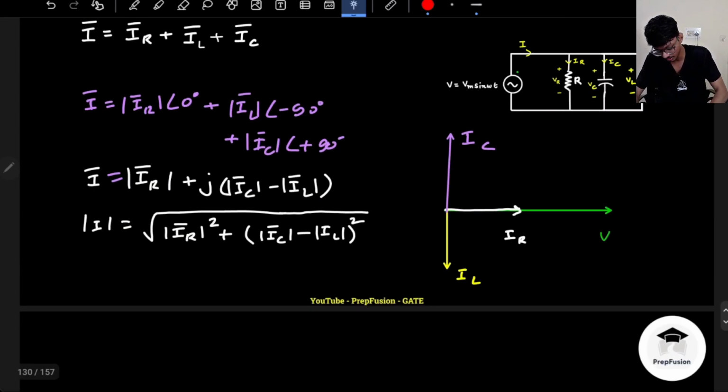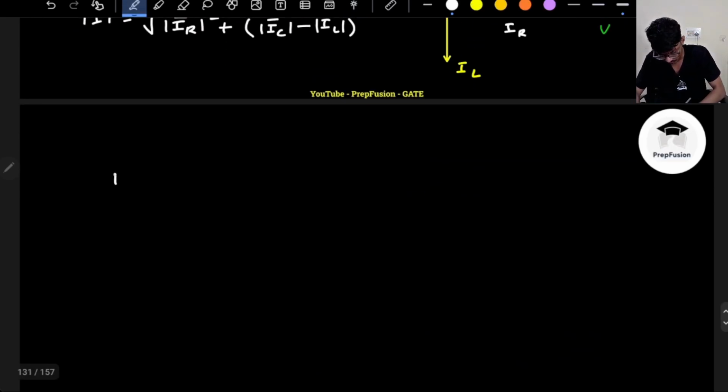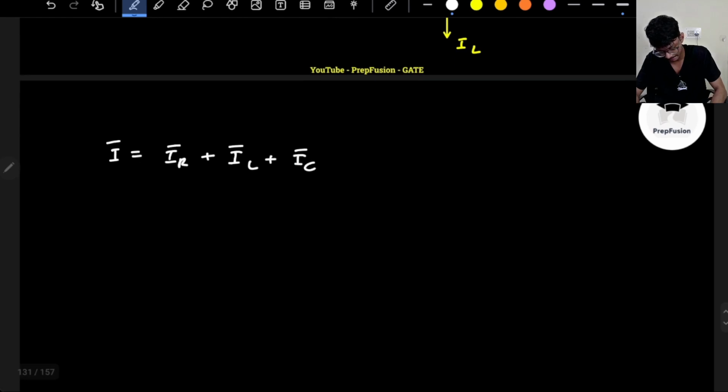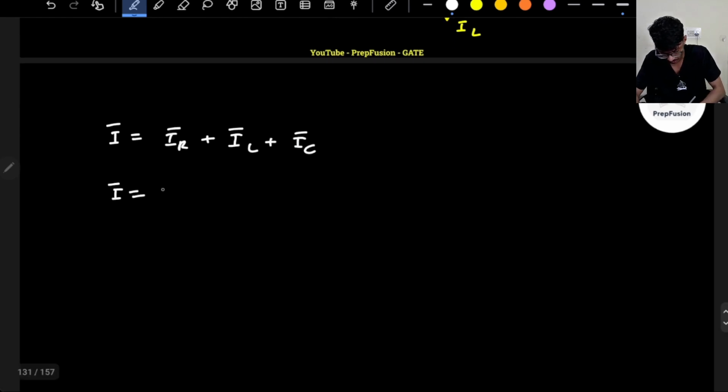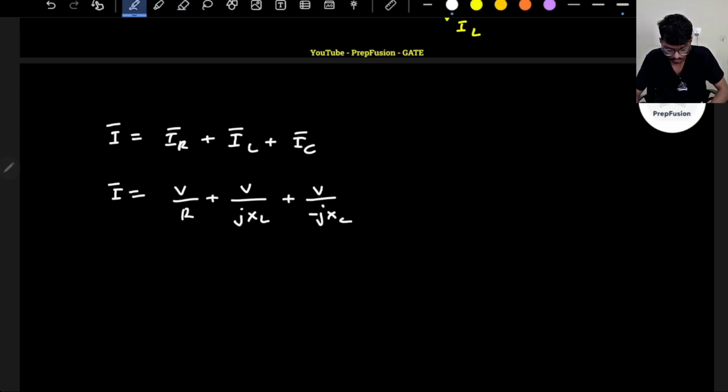If I break this down into impedance, your I is basically equal to IR plus IL plus IC. So this will be equal to V by R plus V by jXL plus V by minus jXC. This we already know, why it is minus, why it is plus, all those things we know.